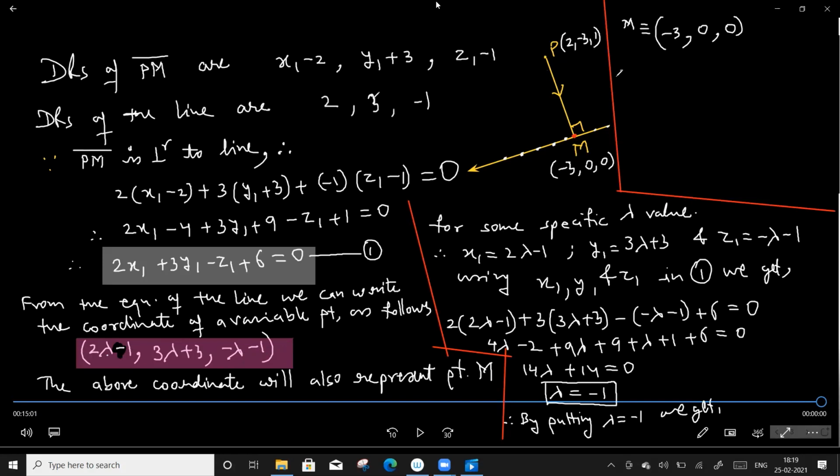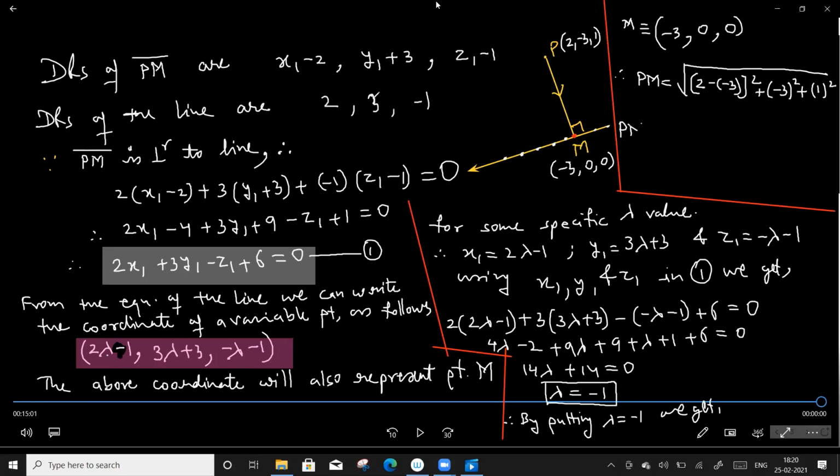So I will get PM. Therefore, PM, which is the perpendicular distance, is the square root of (2 minus of minus 3) whole square, plus (minus 3 minus 0) square, which is minus 3 square, plus (1 minus 0) square, which is 1 square.